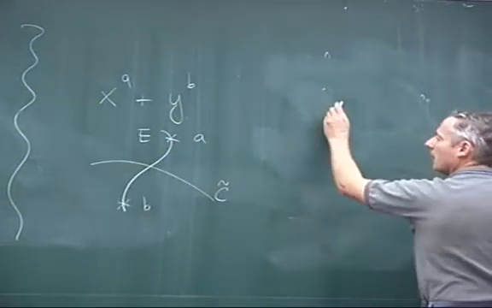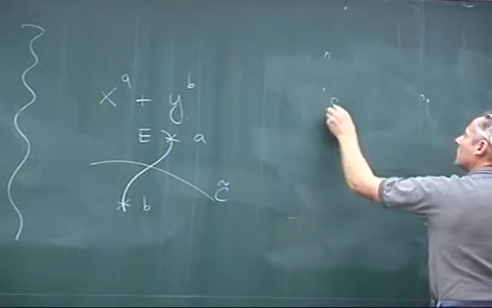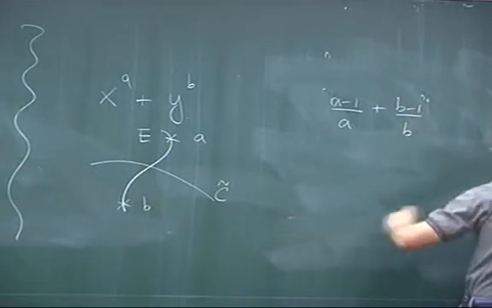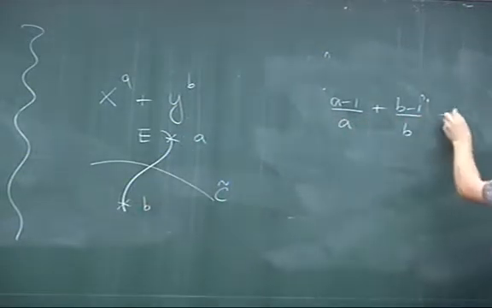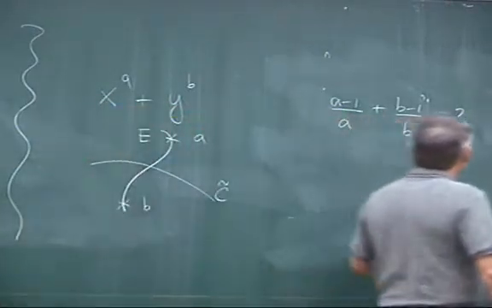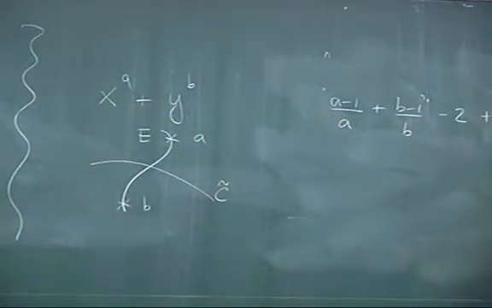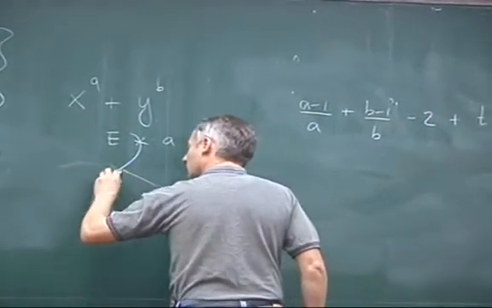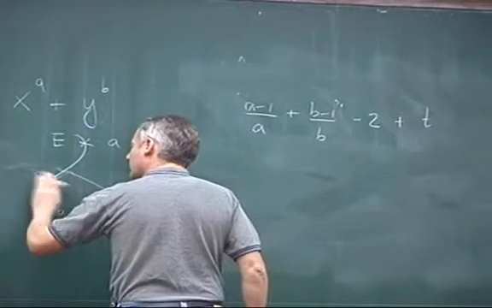So then you're going to get something of the form (a-1)/a plus (b-1)/b, the contribution from those two singular points, the -2 from the copy of P1, and then of course t, as I say, there could be some tangency in general. It could intersect in more than one point, or it could be tangent.